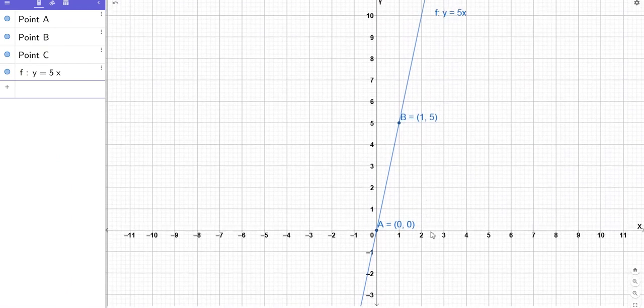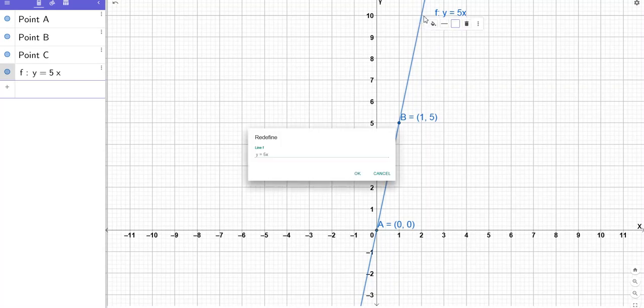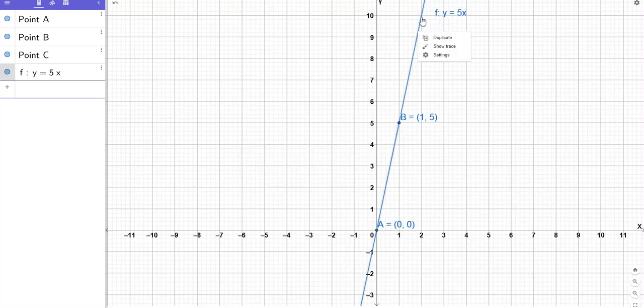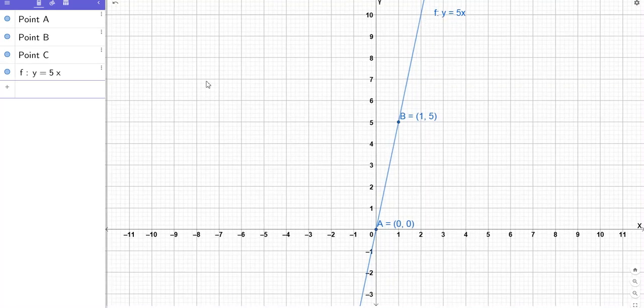And then when the distance traveled is 2 unit, so let's see where 2 is. So here it is 2 and on the graph it's intersecting over here. So the point is 2 comma 10, this point. So you can see when the distance traveled is 2 unit, the work done is 10 unit.